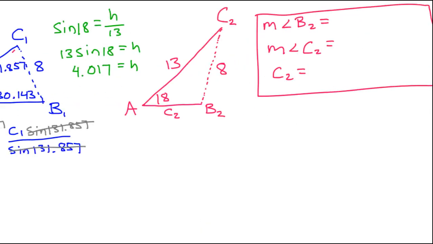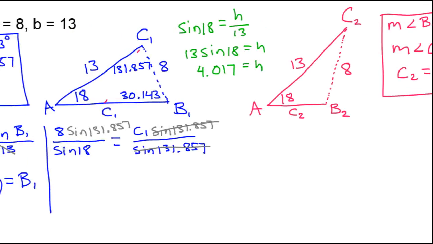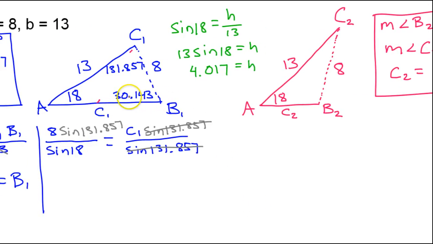But luckily, we know that whenever you have two triangles that are formed by the swing side, the acute angle that you get is supplementary to the obtuse angle that you're going to get. So in other words, if I want to find angle B2, I can just do 180 minus angle B1.